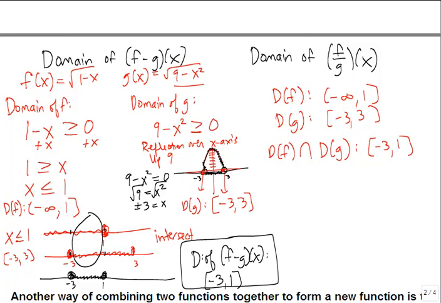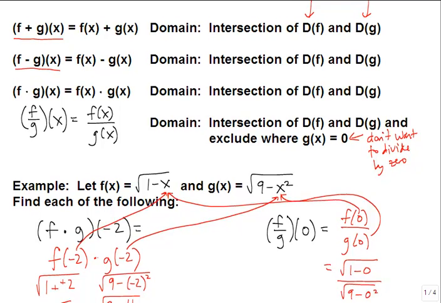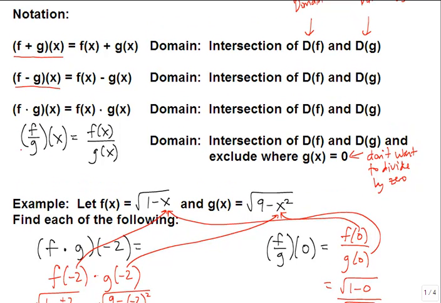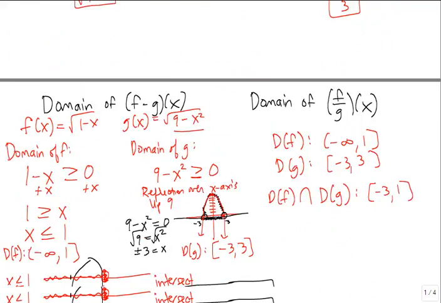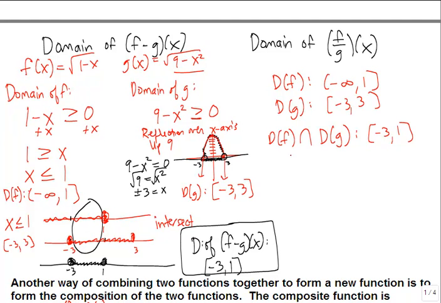So if you remember, let me scroll up here for a moment. The domain of a quotient function is the intersection of the domain of f and g, just like we did already, but we also have to exclude any place where the denominator function, the g function, is equal to 0. So we still need to exclude any place where g of x might equal 0.